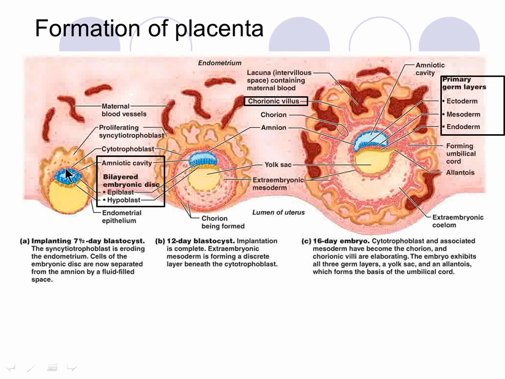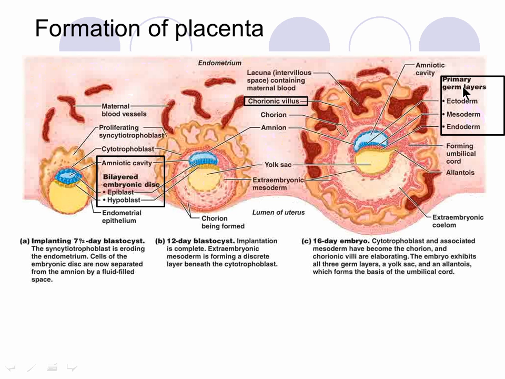At the same time, look at this inner cell mass. Notice how it forms this bilayered embryonic disc. So again, this is bilayered. And then a third layer grows in by close to the end of the third week. You have the third layer formed, so you have three germ layers. These three germ layers are ectoderm, mesoderm, and endoderm. And these are the ones which are going to give rise to all your body tissues.